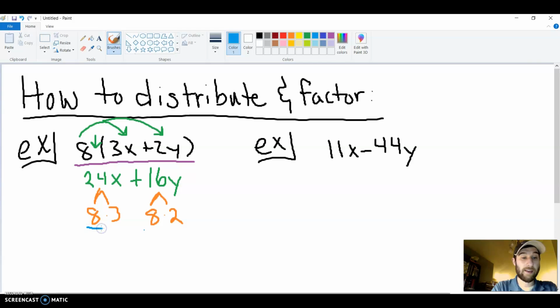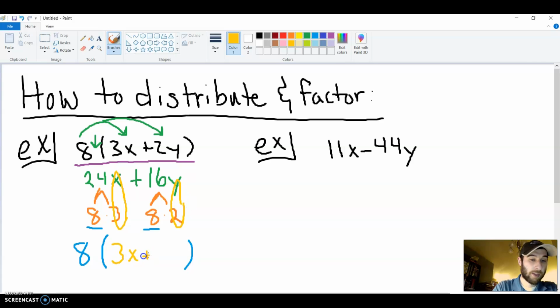Because the 8 is in common to both the 24 and the 16, we can rewrite 24x plus 16y to be that 8 out in front multiplied by everything else inside, which in this case is that 3 in x and the 2 in y. 3x plus 2y.